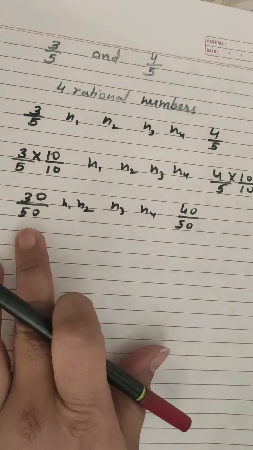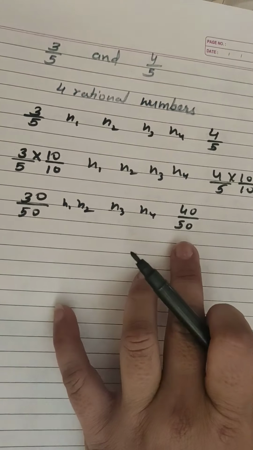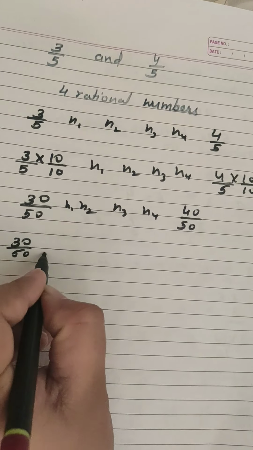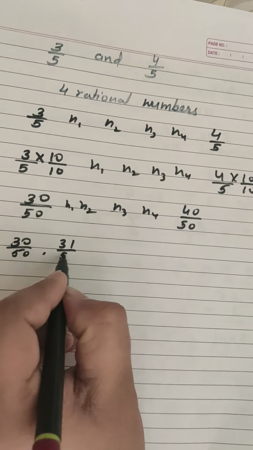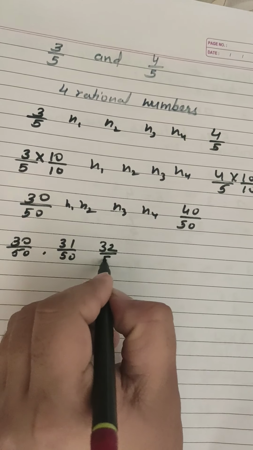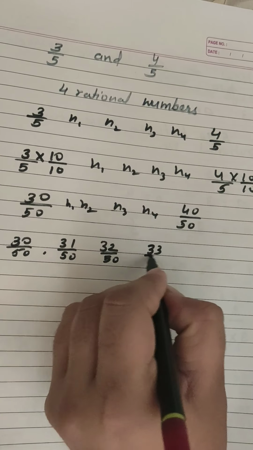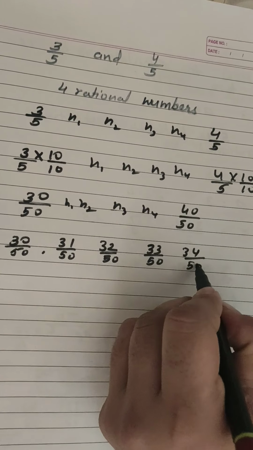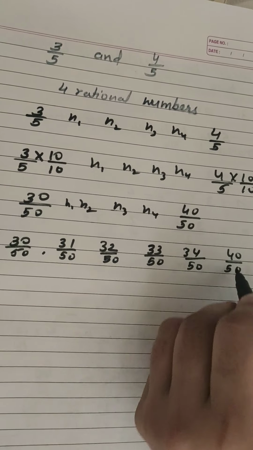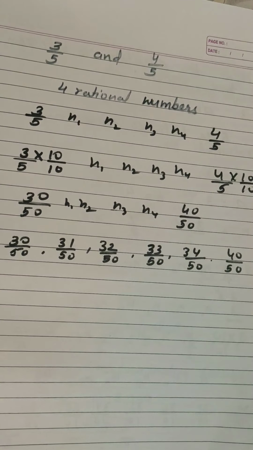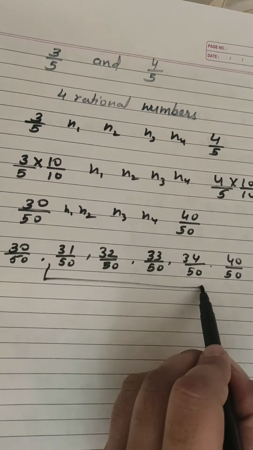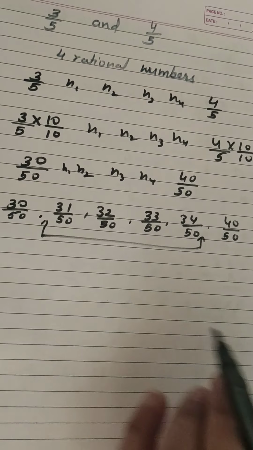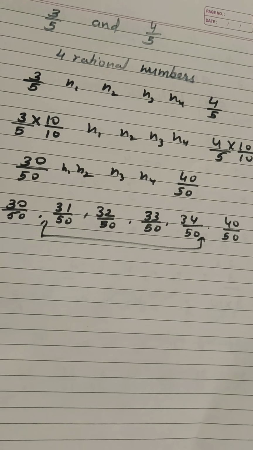Clear? So the denominators of both numbers are the same, so I can make a series: 30 divided by 50, 31 divided by 50, 32 divided by 50, 33 divided by 50, 34 divided by 50, and 40 divided by 50. These are the four numbers between 3 by 5 and 4 by 5.